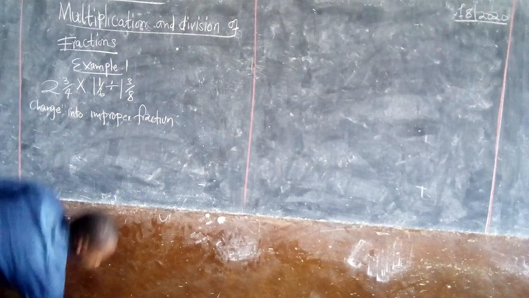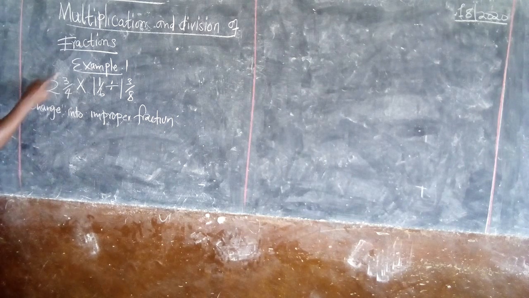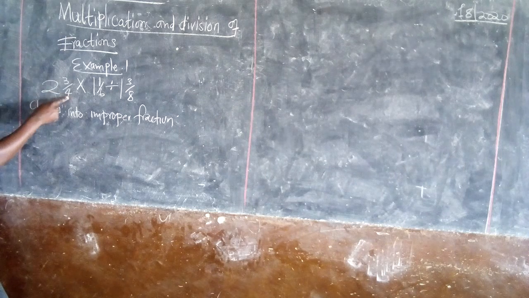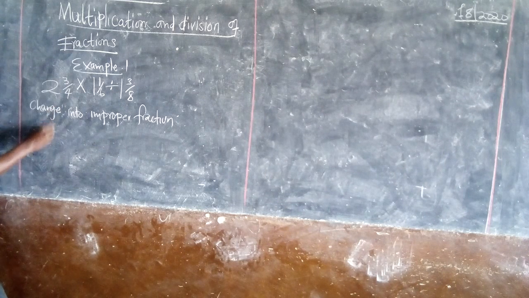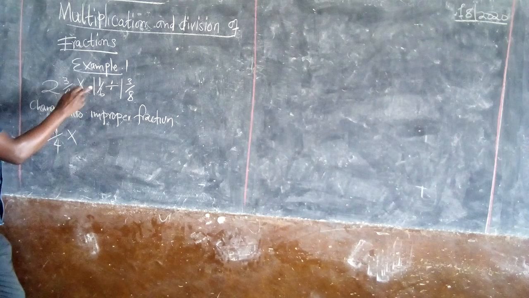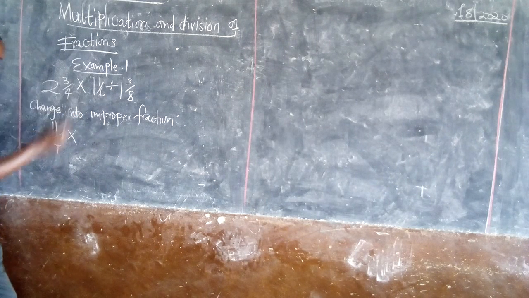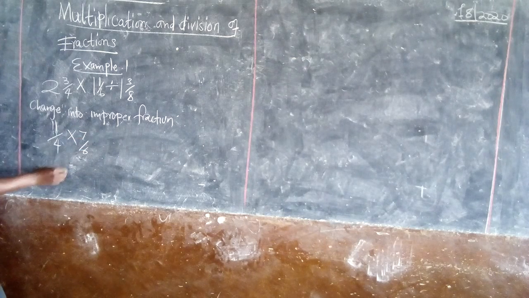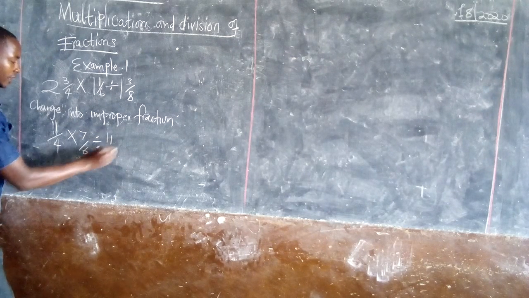So that will be 4 times 2 plus 3, which will give you 11 over 4, times 6 times 1 plus 1, which is 7/6, divided by 11/8.